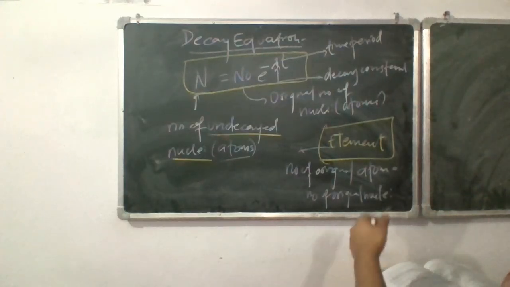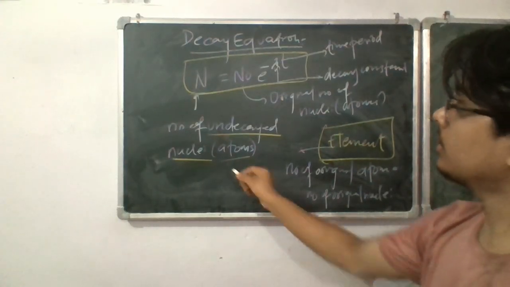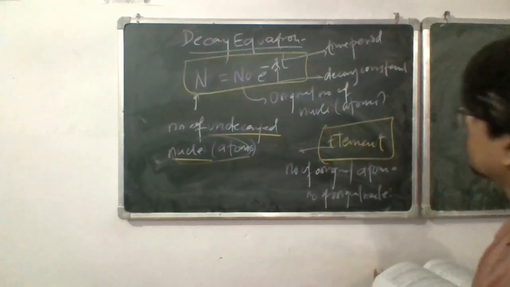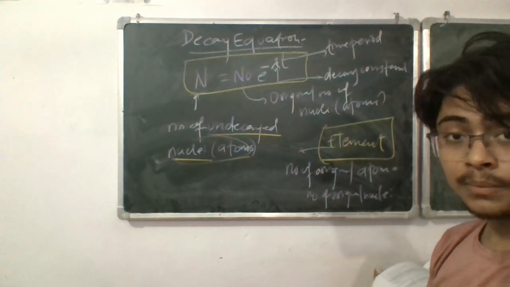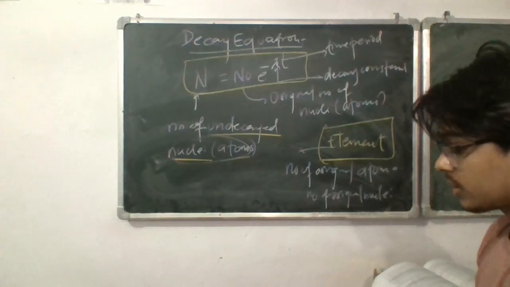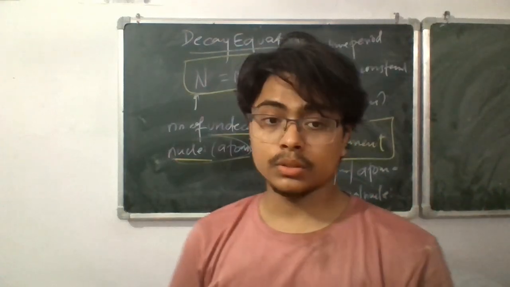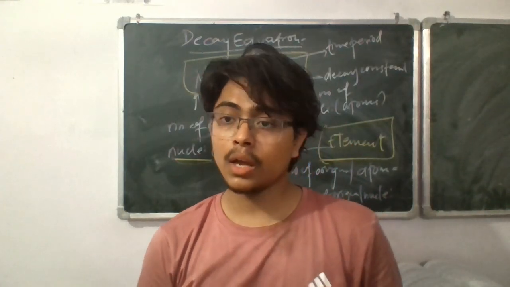So we can say this to be nuclei or atoms, because we are just taking a sample element and talking about the original atoms, and that means original nuclei. Okay, so this is what we know as the decay equation.